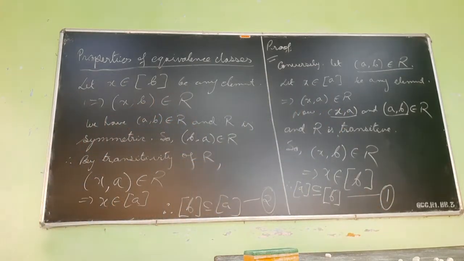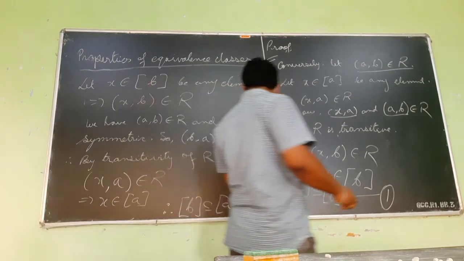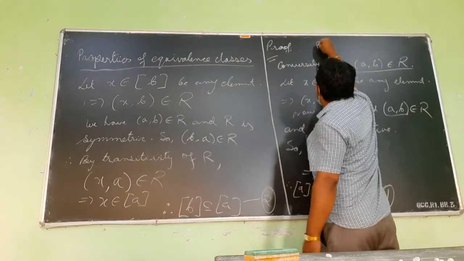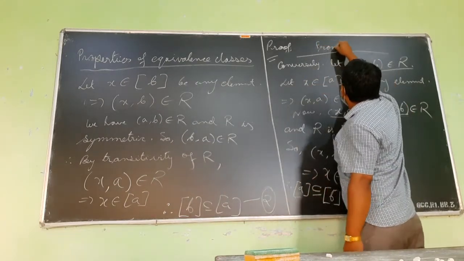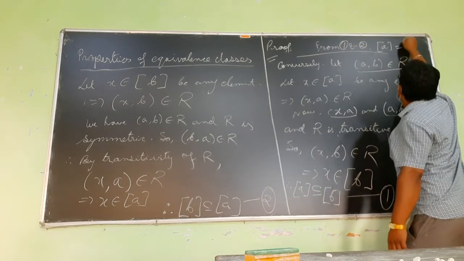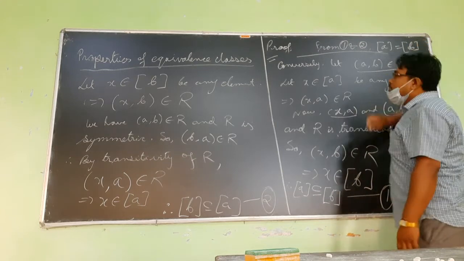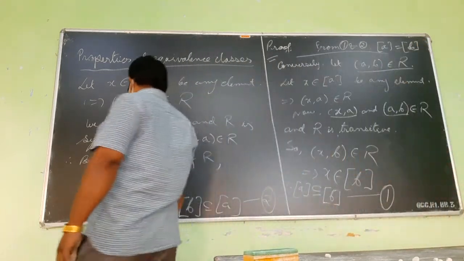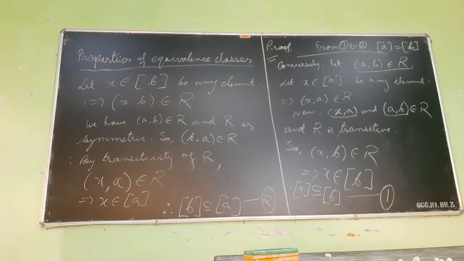So from 1 and 2, it follows that class A equals class B. So both things I have shown: class A equals class B implies and is implied by (a, b) belongs to R. Whenever a and b are related, their equivalence classes will be identical.